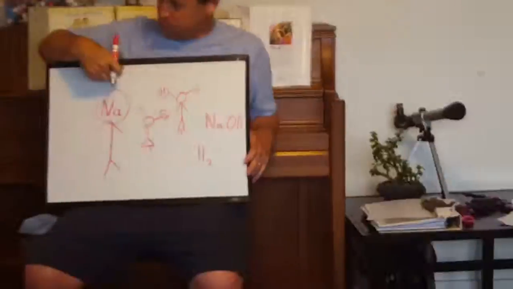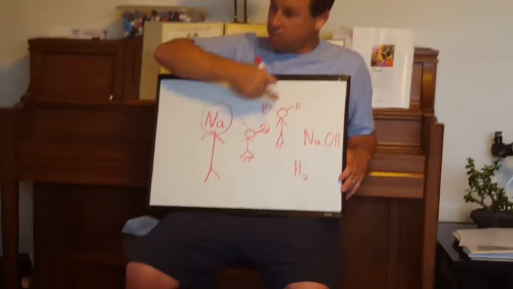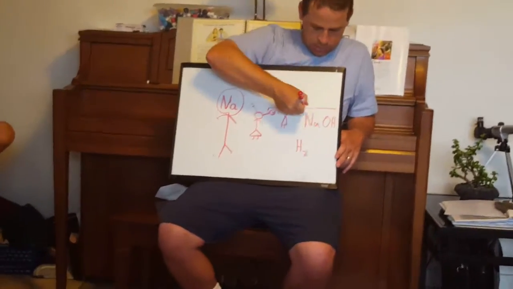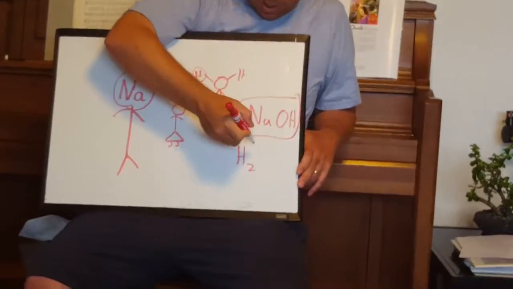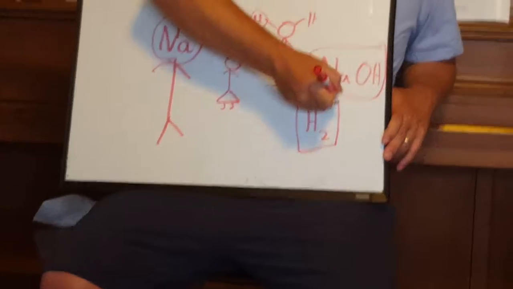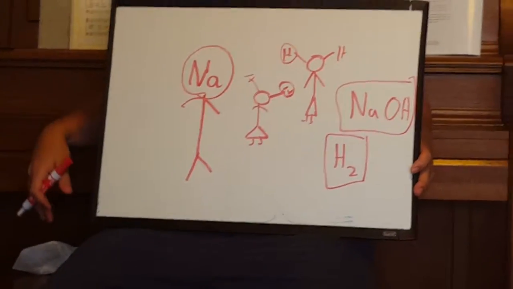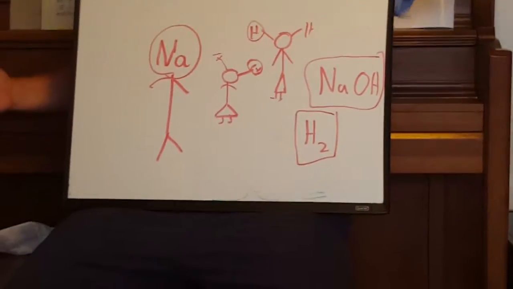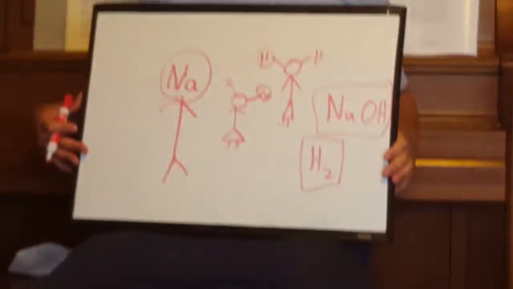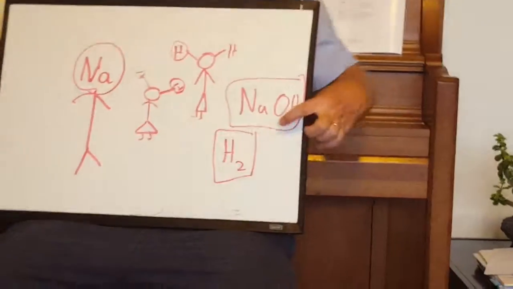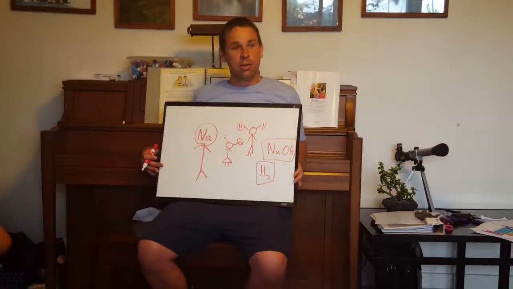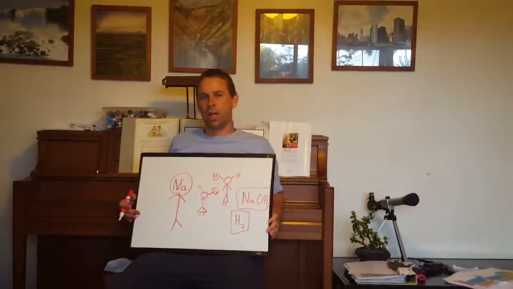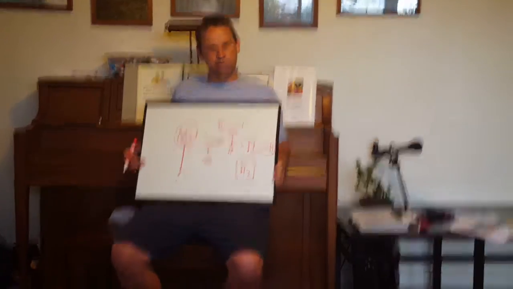So sodium, if it ever can find some water molecules, will form this compound and hydrogen gas. And when this happens, you get an explosion. Ba-boom! Because it's hot and the hydrogen gas explodes with oxygen gas to form water.